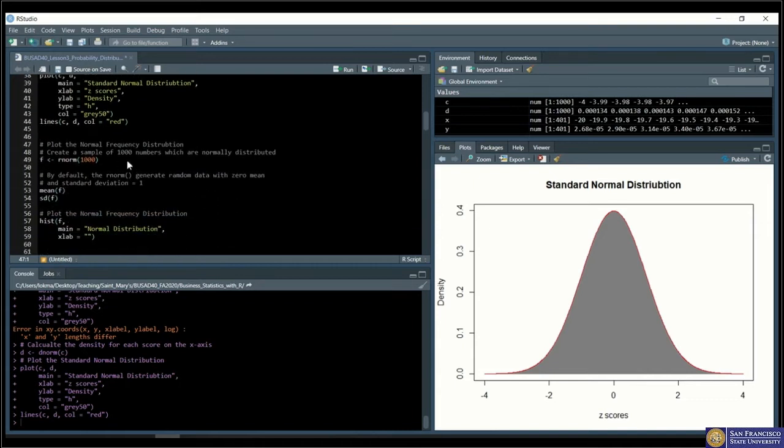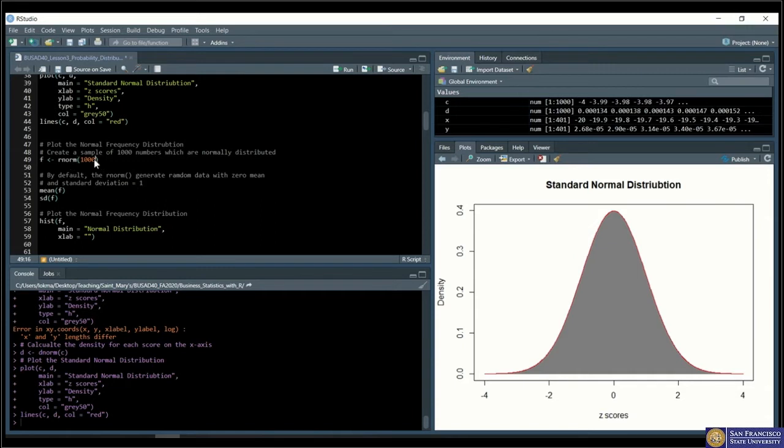Well, one last plot that I want to show you with the normal distributions is you can also use the rnorm function. The rnorm function actually returns the total number of samples you requested that is going to be distributed just like how you define in these functions. Again, the rnorm function actually has a default mean of 0 and standard deviation of 1.